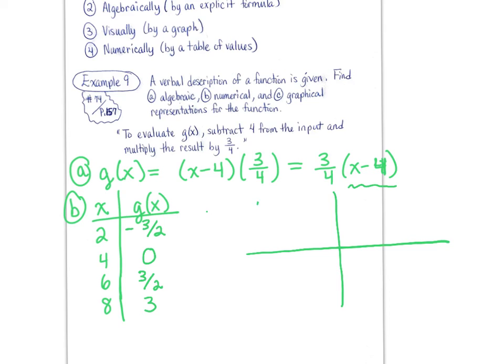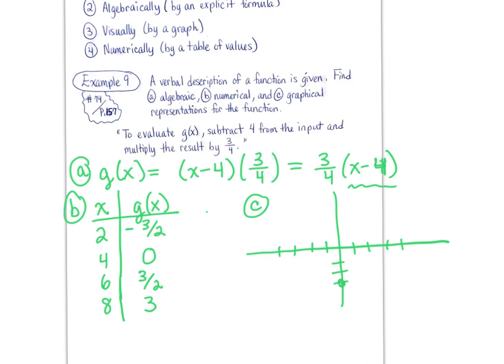And then you can plot those points and give the graphical representation, which is C. So 1, 2, 3, 4, 1, 2, 3, 4, and then we'll go down 3 because whenever we substitute in 0 here, you'll get -4, which means you'll get 3 times -1, which is just -3.